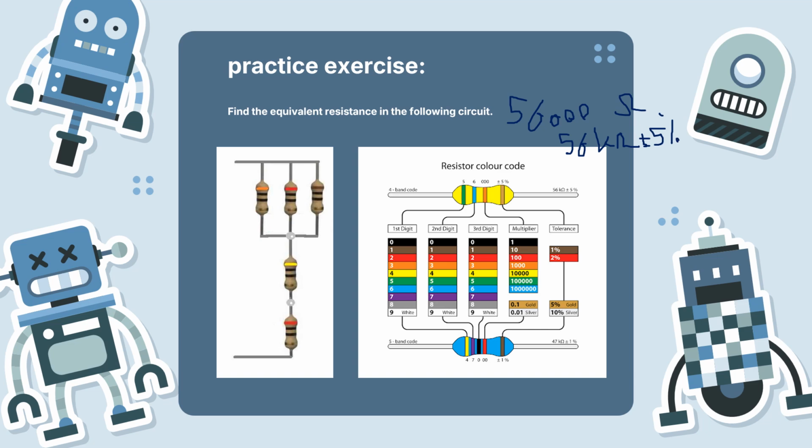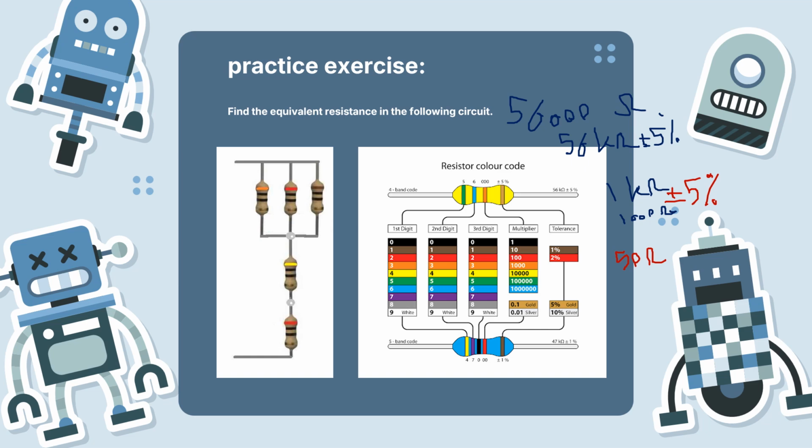tolerance. So the tolerance indicates the amount of error in the resistor. For example, if our resistor is 1 kilo ohm, or 1000 ohm, let's say, and our tolerance, if we suppose it's 5%, plus minus, well, we know that 5% of 1 kilo, or 1000 ohm, is 50 ohm.